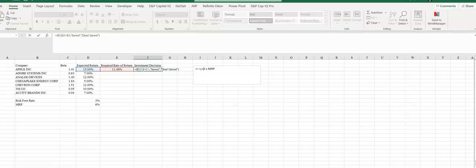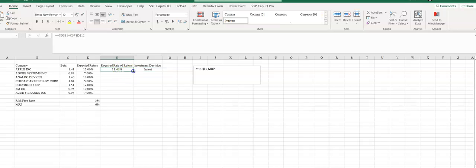So let's see if it did it right. It should show up there as invest. See, as expected, the decision is invest because expected return exceeds required rate of return, right? So I'm going to copy these through to calculate the other required rate of returns.